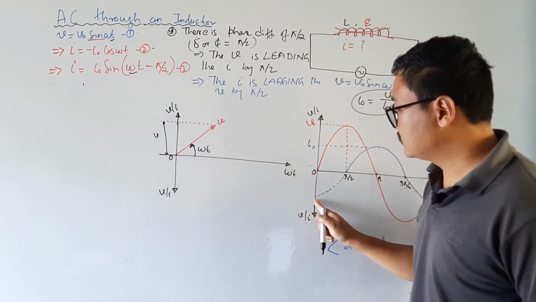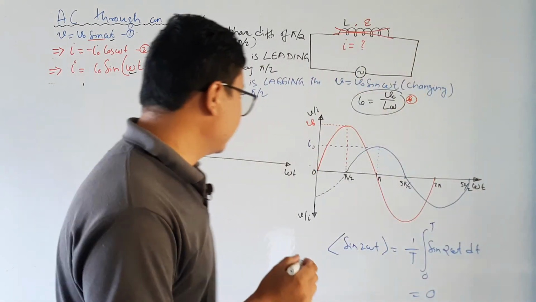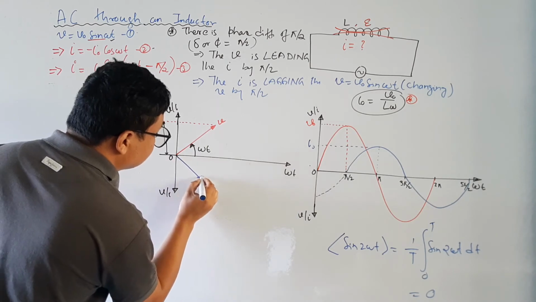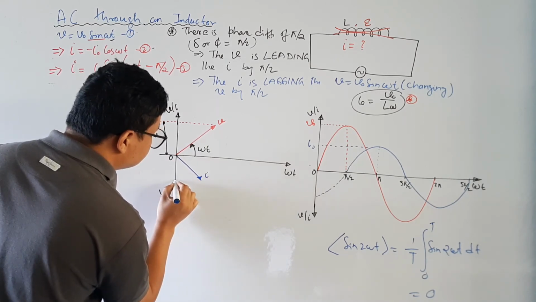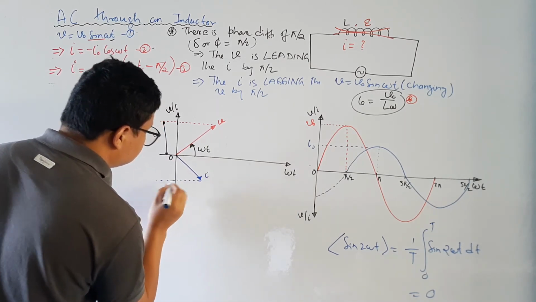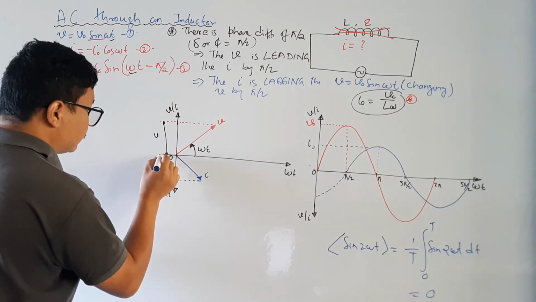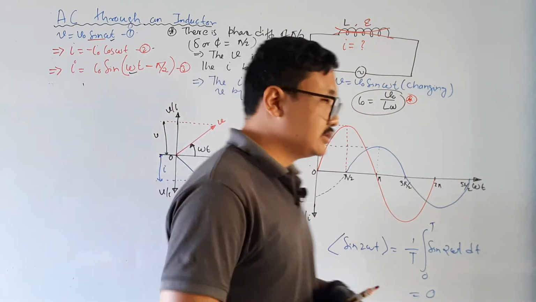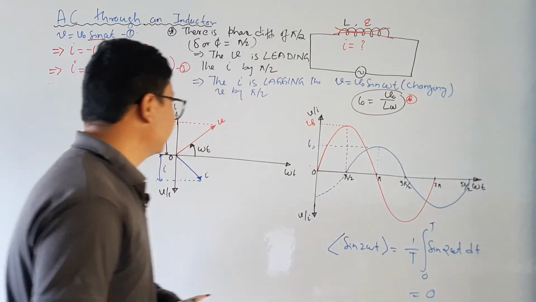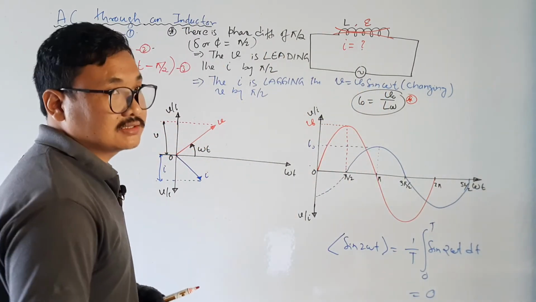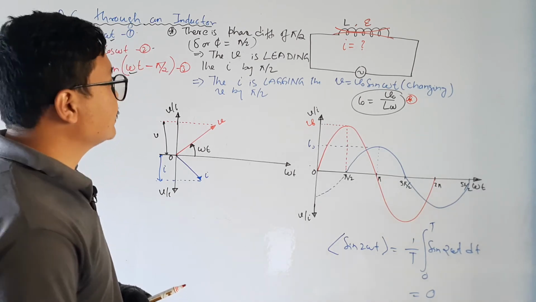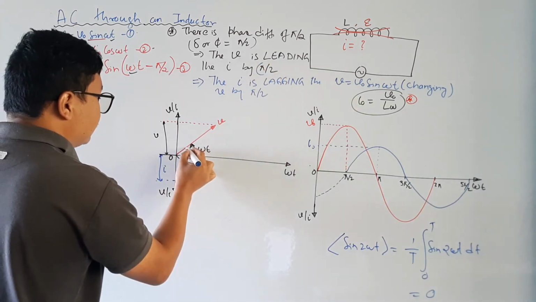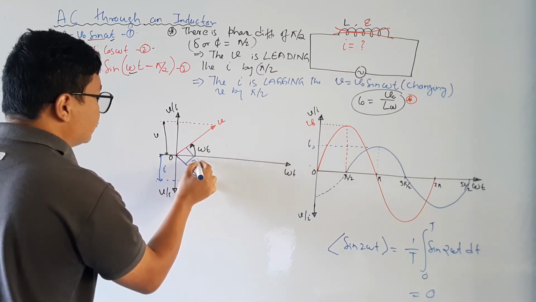Current is down, so I have to draw the current below this line like this. And please remember, this is going to be the value of current. Now one more thing I want to tell you here in the phasor diagram: what is the phase angle between current and voltage? Pi by 2. So this angle here is pi by 2, that is 90 degree.